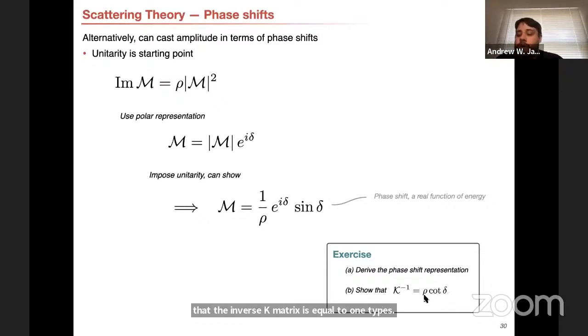So here, rho is a real function, it's a function of kinematics. Delta we said is a real function. So this rho cotangent delta is a real function, which aligns with our idea that the K matrix is a real function.